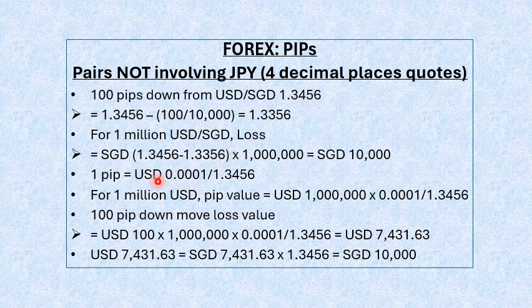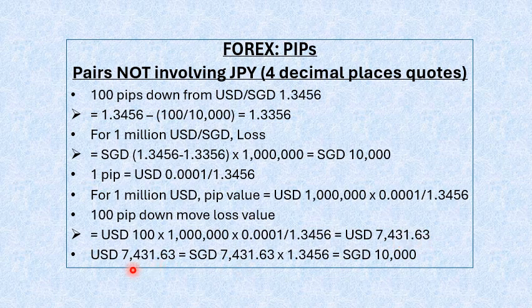For 1 million US dollars, the value of 1 pip is equal to 1 million into 0.0001 divided by 1.3456. For a 100 pip down move, the USD loss value will be USD 100 into 1 million into 0.0001 divided by 1.3456, which is USD 7431.63.